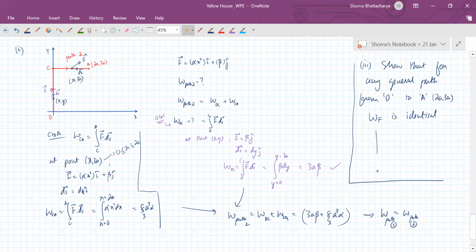Okay, so you take any general path, need not be a straight line at all. Between these two points, we can take any path like this. The work done should be the same.